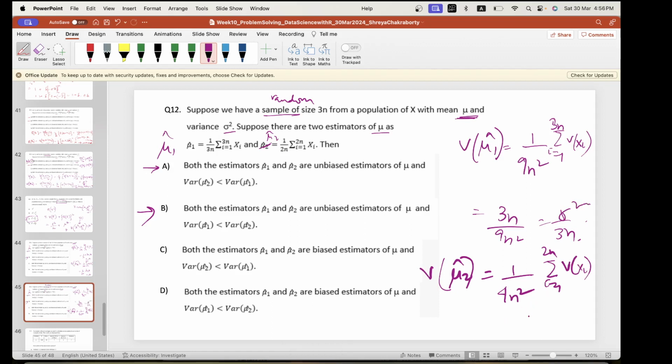So this will be 2n by 4n square sigma square, so this will be sigma square by 2n. So now sigma square by 3n is less than sigma square by 2n. Therefore, this is the correct answer: variance of mu1 hat is less than variance of mu2 hat.